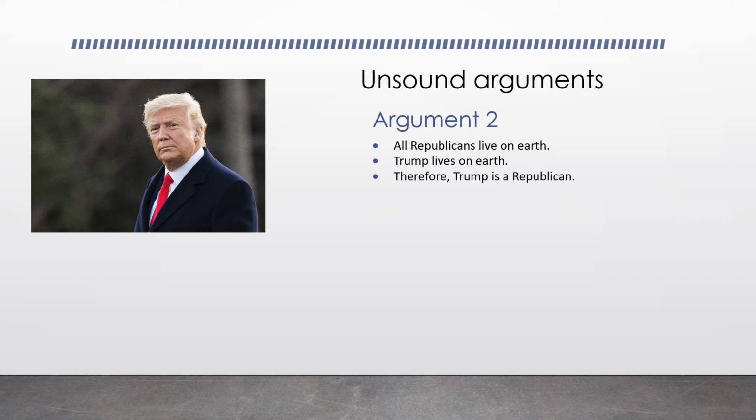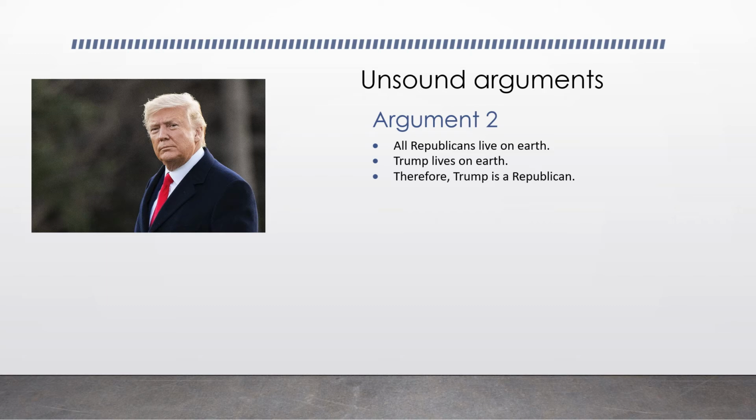Now notice that all of the premises are true. All Republicans live on Earth. Trump lives on Earth. But the therefore doesn't follow from this argument. We know that it's unsound because our subject and object within each of these claims don't line up.